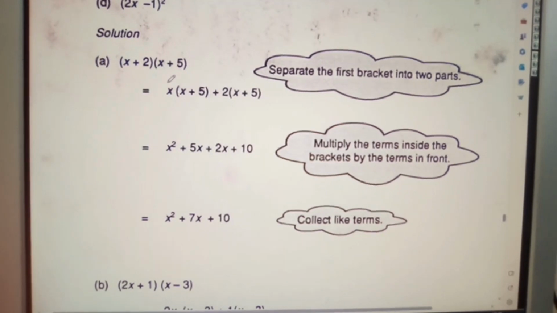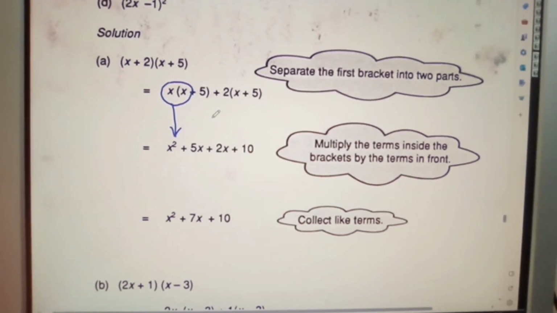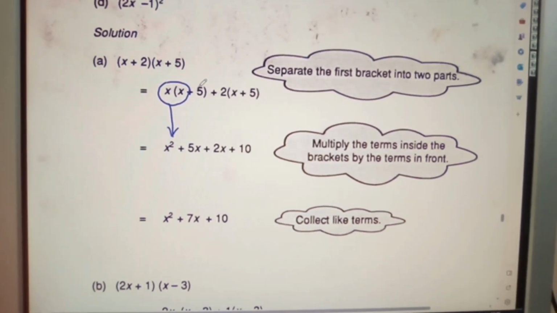So that here is now this, becomes this, becomes that, and this here, 5, becomes this.